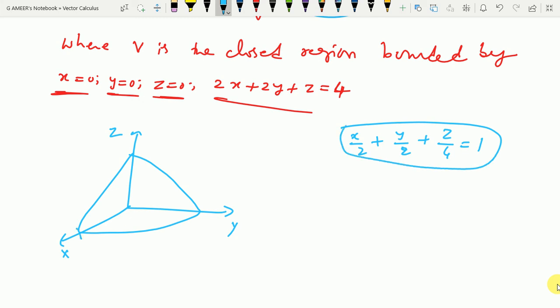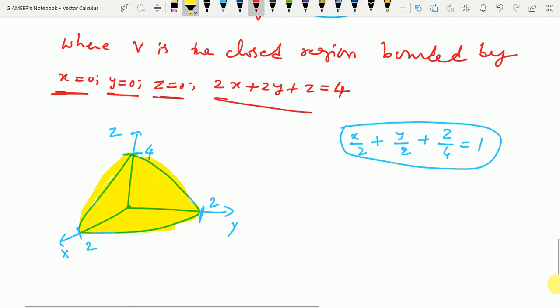So x is equal to 2, y is equal to 2, z is equal to 4. This is the volume we need to consider. This volume we need to estimate.